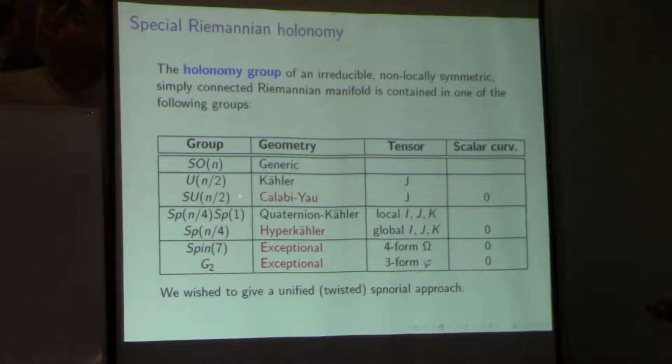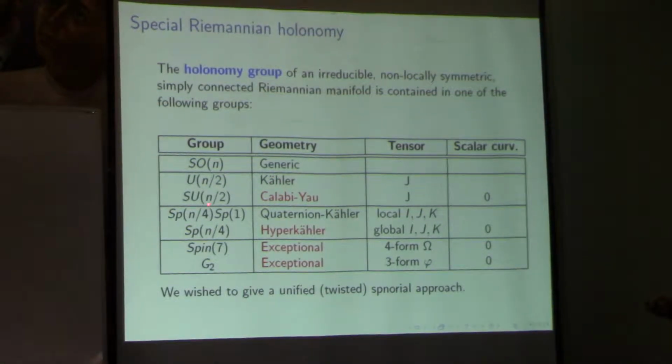Furthermore, there are the ones whose holonomy is contained in this proper subgroup, and that's more or less equivalent to the canonical bundle being trivial. And that translates into the Ricci curvature being 0.